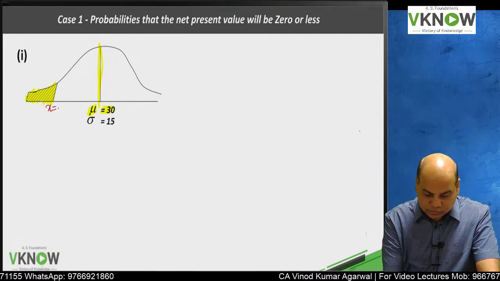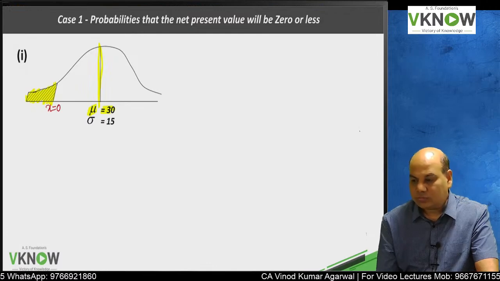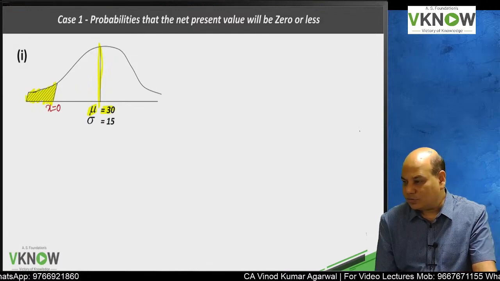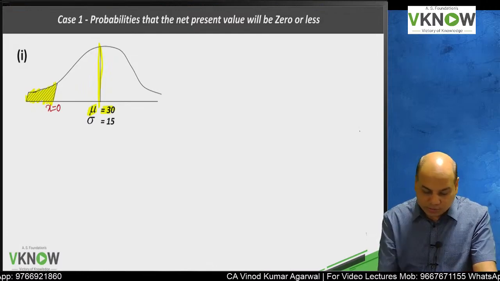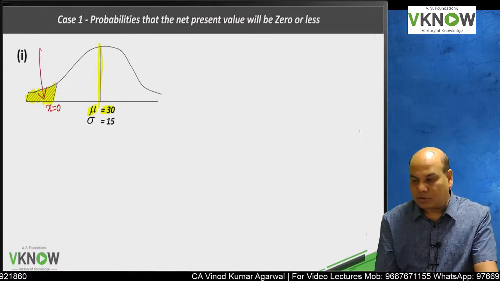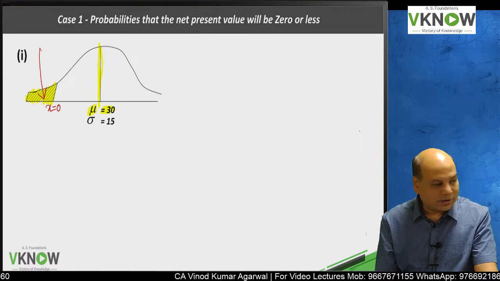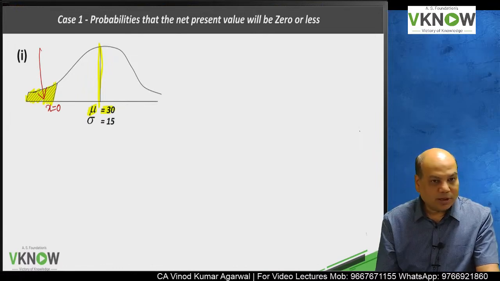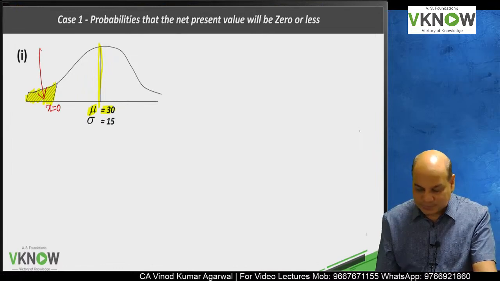Write x equal to 0 there. We want the probability of this area, the probability of 0 or less.